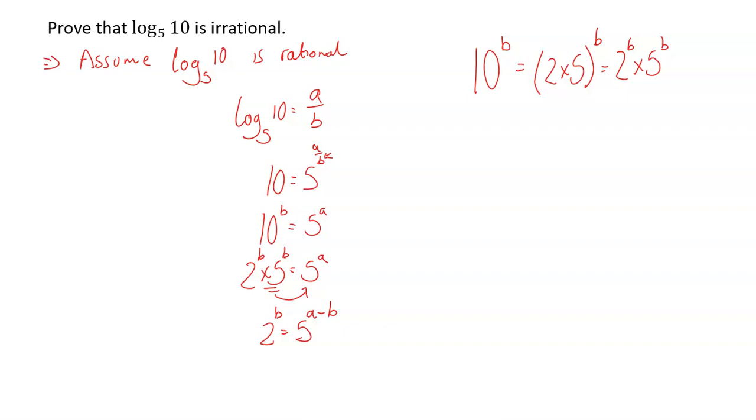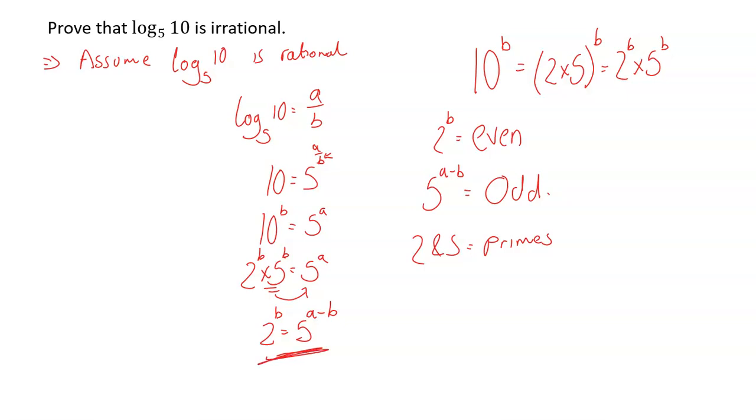Now, how does this help me? Well, 2 to the power of b is always, always, always going to be even. 5 to the power of a minus b is always going to be odd. And the thing that comes from the bottom of all of this is that 2 and 5 are primes, so there's no integer powers and no integer values for a and b such that this holds.